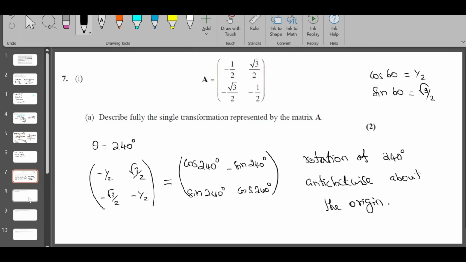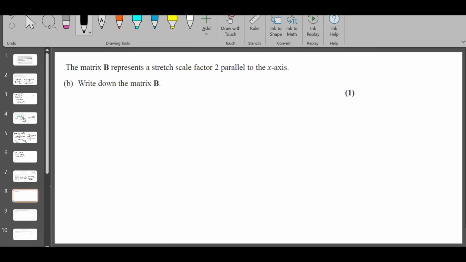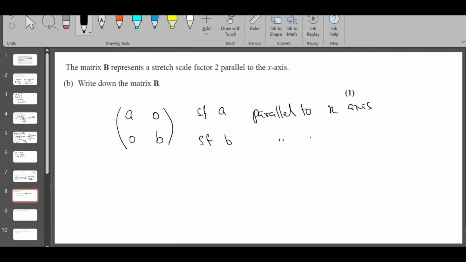Let's move on to part B now. The matrix B represents a stretch of scale factor 2 parallel to x-axis. Okay, you need to know this actually. If you have a transformation (A 0, 0 B), this is a stretch by scale factor A parallel to x-axis, and stretch by scale factor B parallel to y-axis.